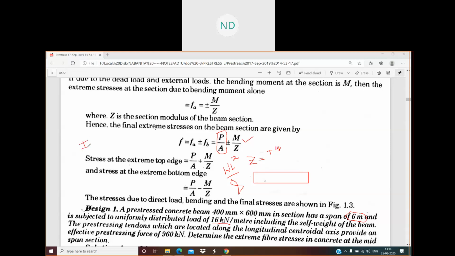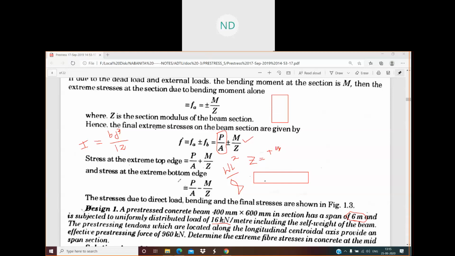I is equal to B D cube by 12. And we have y. Y is nothing but half of the depth, which is here in your section modulus. On the section, the dimensions of the sections were given to you.